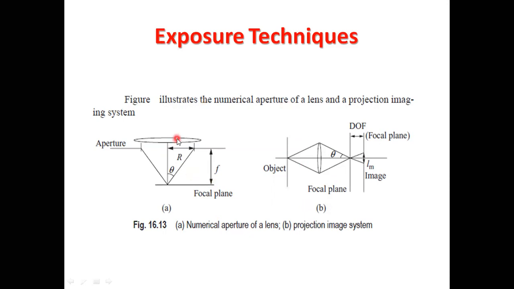Now depth of the focus or DOF is given by, let me write here, depth of the focus DOF. This is also important. DOF is equal to K2 into lambda by NA square.